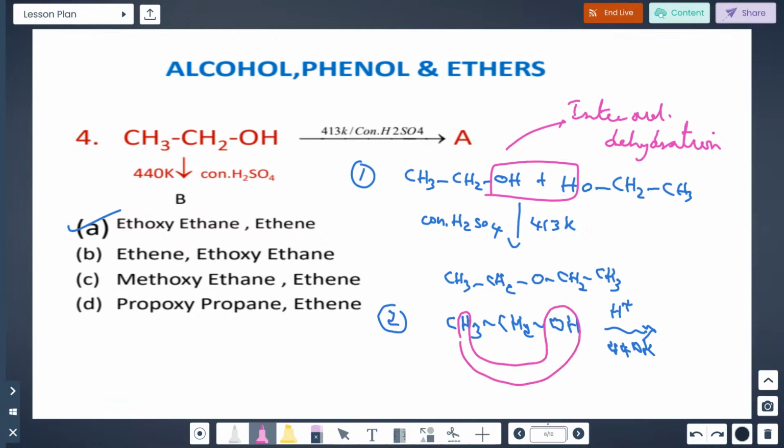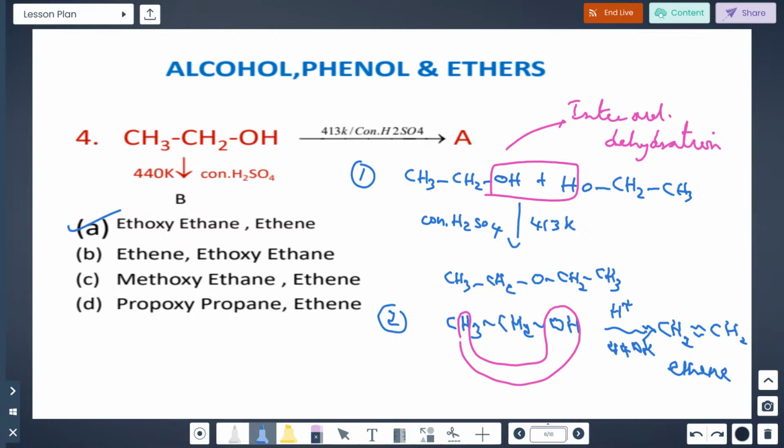Now the product is CH2=CH2, nothing but ethene.